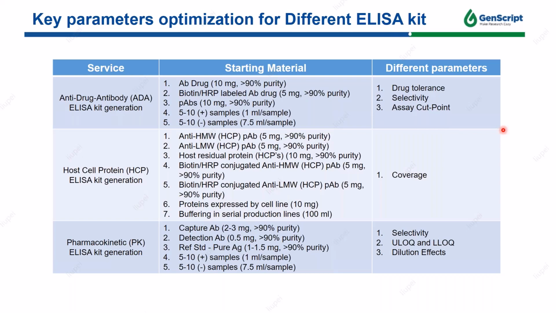So, establishing the appropriate cut point is critical to minimize the risk of false negative results. We should consider the myriad of interfering products or matrix components. So FDA recommends examining assay drug tolerance early in the assay development.